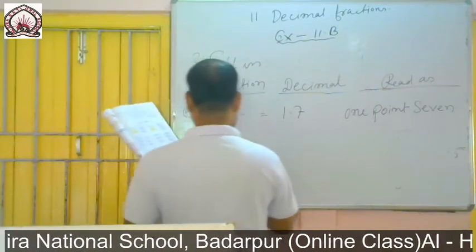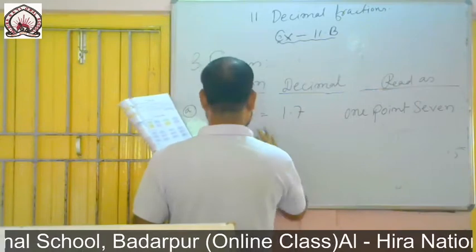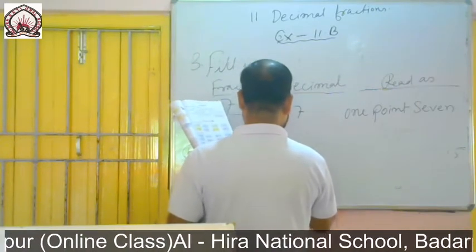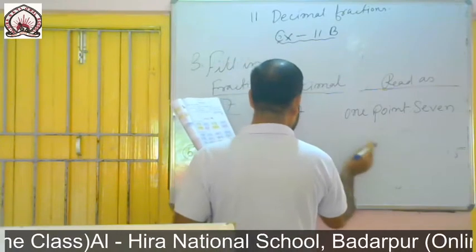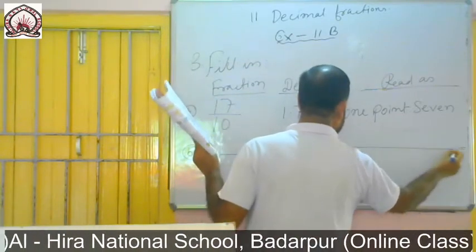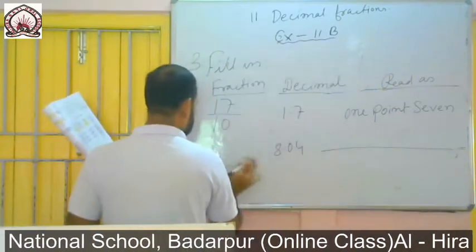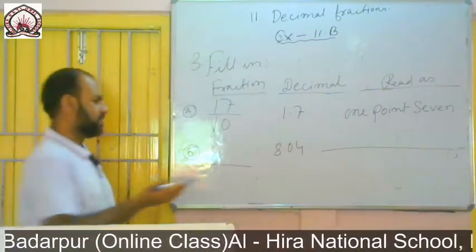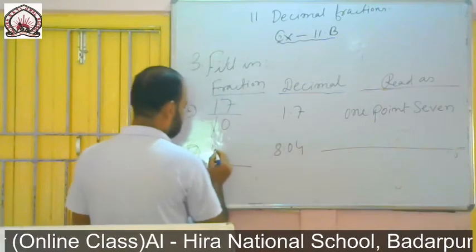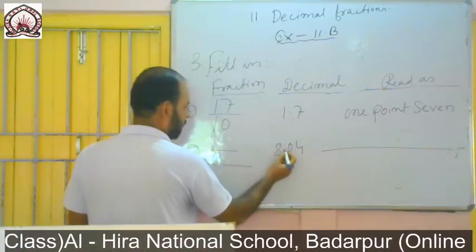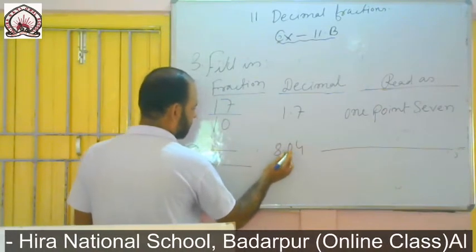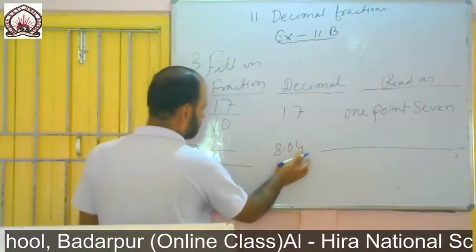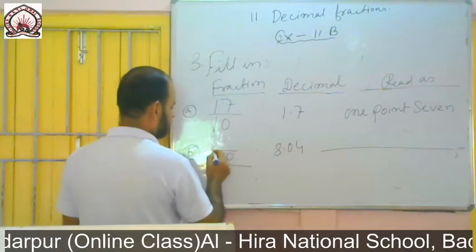Here the decimal fraction is 8.04, and these two we fill up. First we fill up the common fraction. From a decimal fraction, if we change into a common fraction, in place of the point we give 1 and as many zeros as digits. Here 2 digits, so 2 zeros.